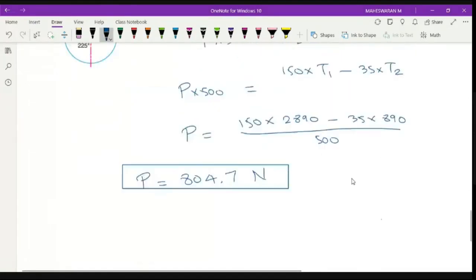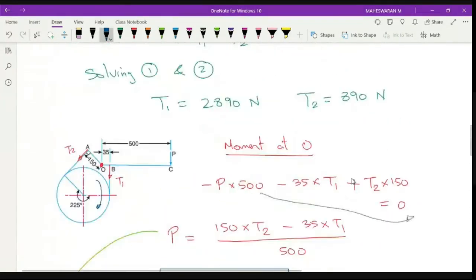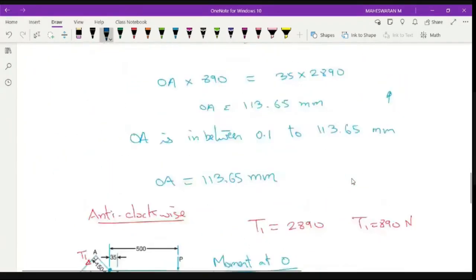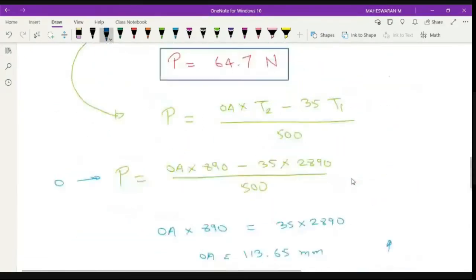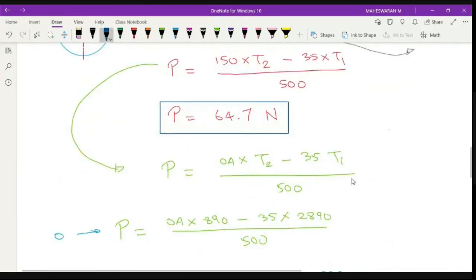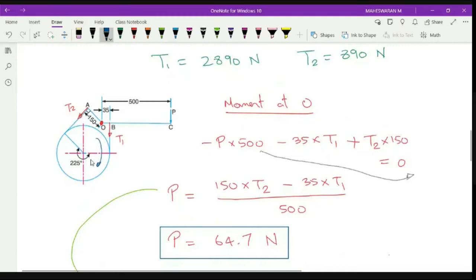Now, which is the best brake? Clockwise is the best brake. When you compare, the value of P should be minimum, which means to apply the brake you need less force. So lesser value is considered, and the best brake is when it is rotating in clockwise.